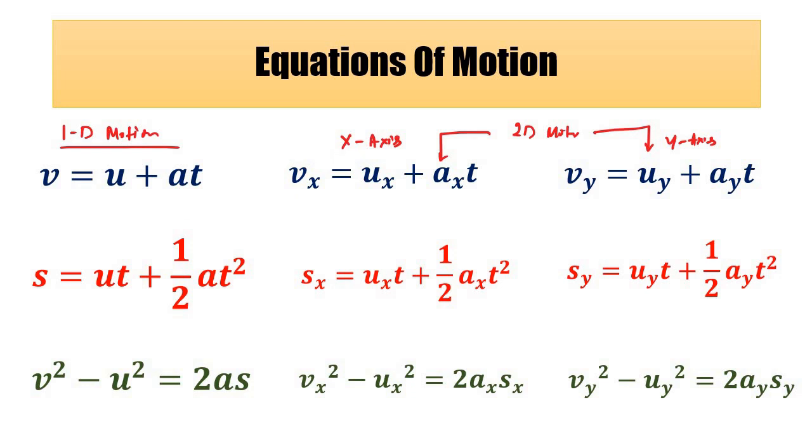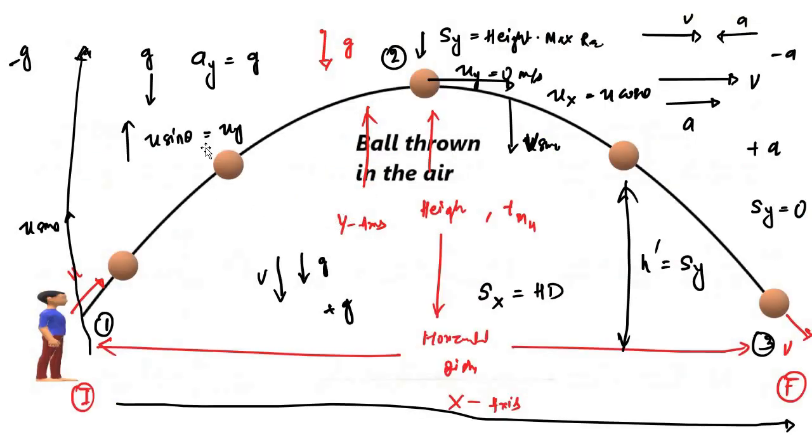For example, acceleration due to gravity does not play any role in the horizontal motion of the object, because it cannot accelerate or decelerate the motion of the object, because it is acting in the y-axis. Motion is along the x-axis.